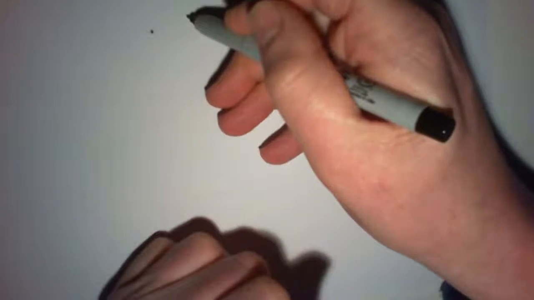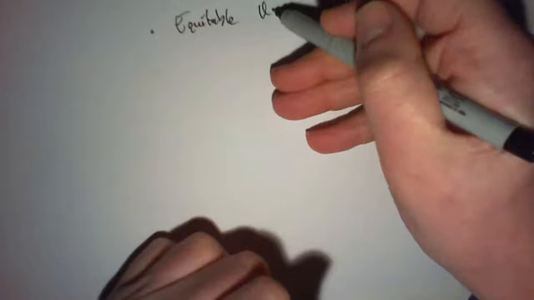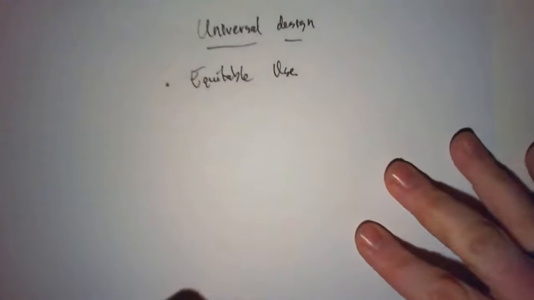So I suppose the first principle of universal design is what's called equitable use. Okay, now this will come into real focus when you're doing your project work.